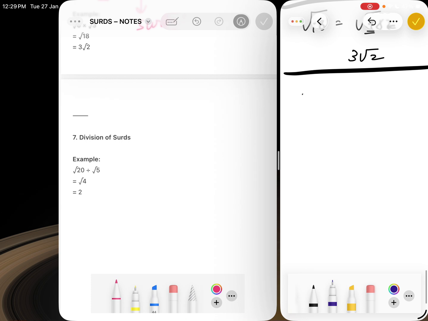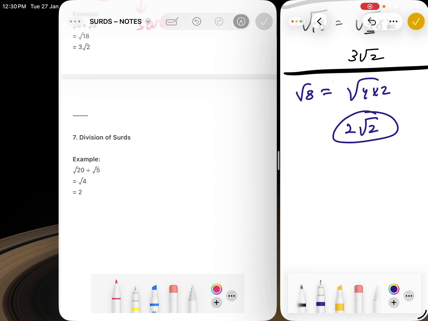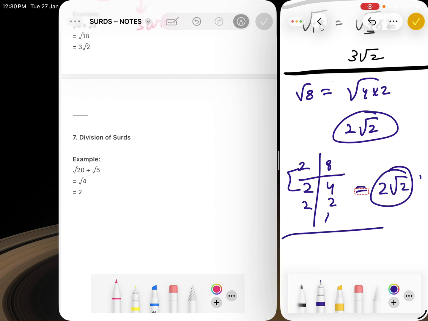Root 8 is basically 4 into 2. So 4 kiska square hai, 2. So 2 root 2. Or follow the method 2, that jiska pair aa gaya, that will be outside and the remaining will be inside. Okay, so this was all about the introduction of surds. Please make good notes.